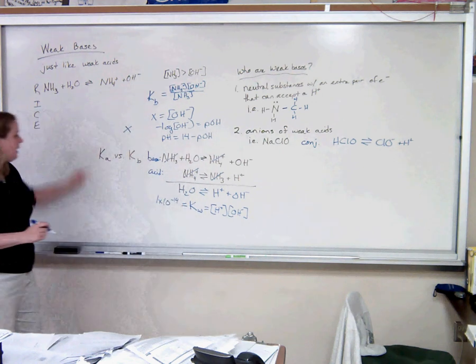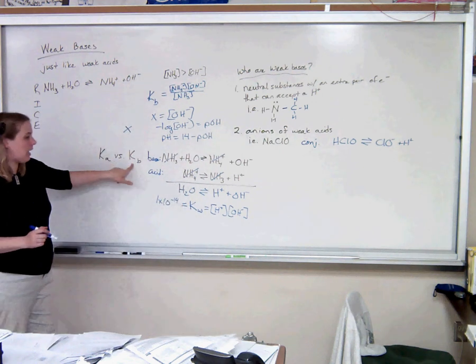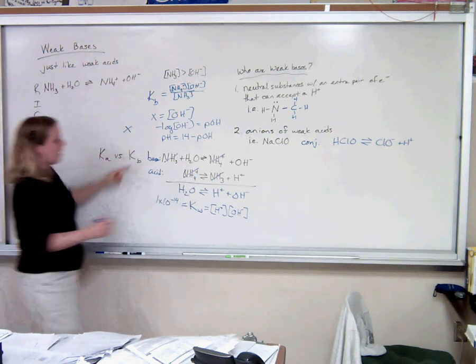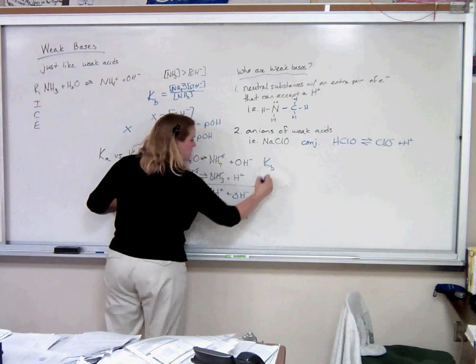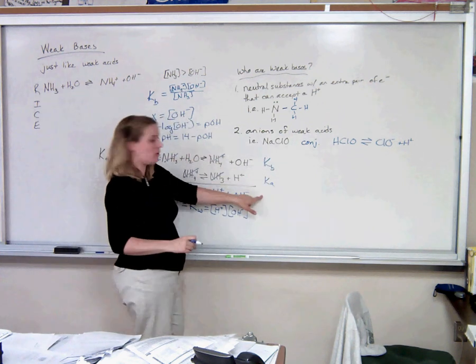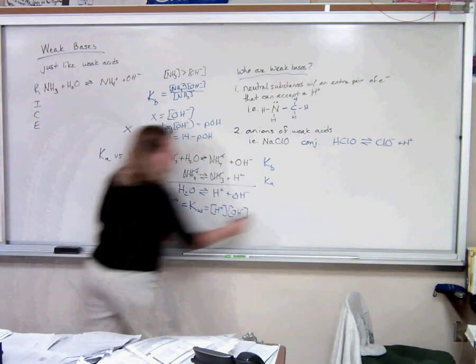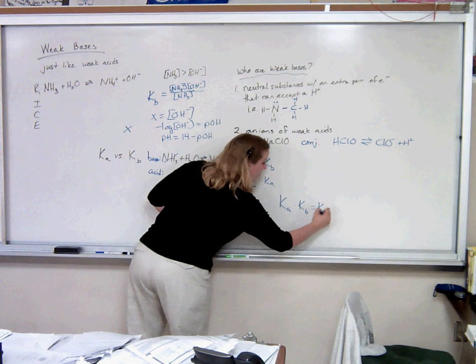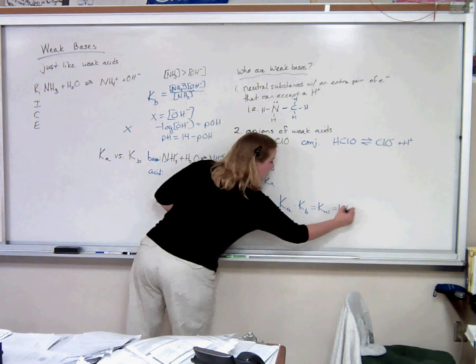So any Ka times any Kb is going to give you Kw, because here's a Kb for this guy, here's a Ka for that guy. If you add two reactions together, you multiply their equilibrium constants. So Ka times Kb equals Kw, which equals 1 times 10 to the negative 14.